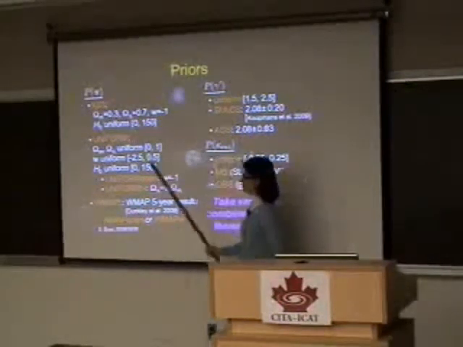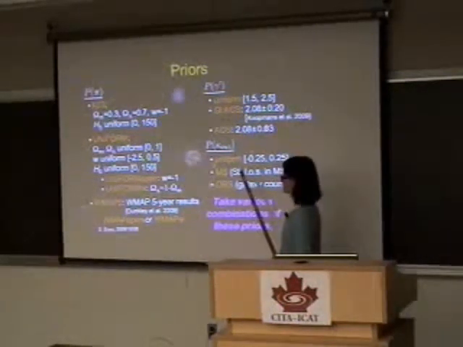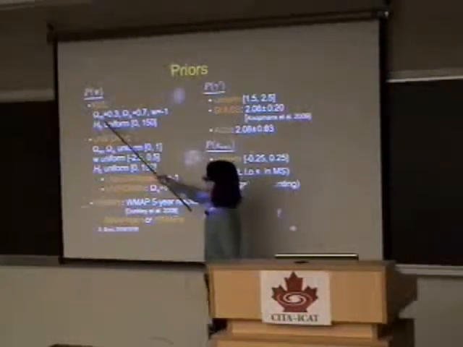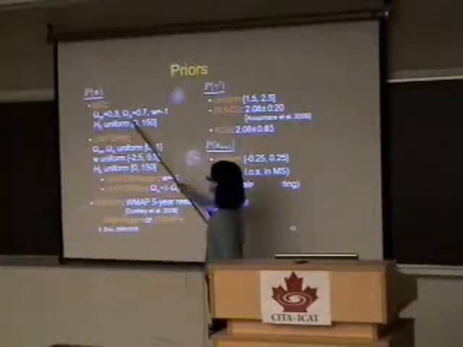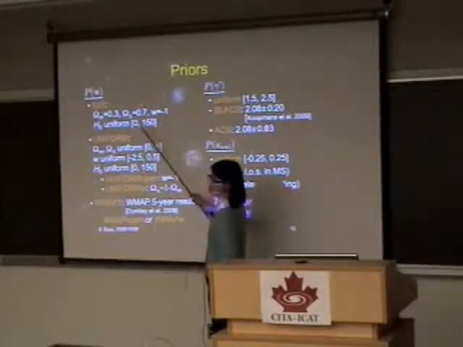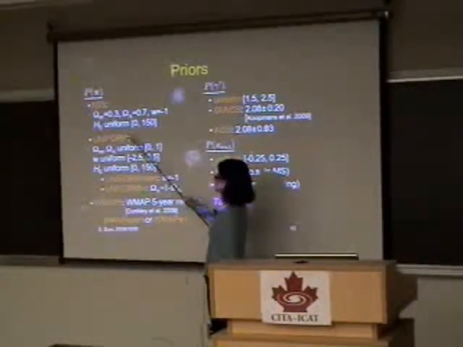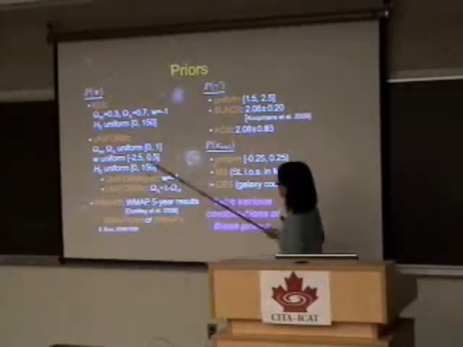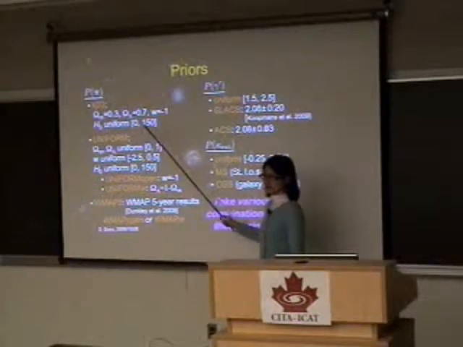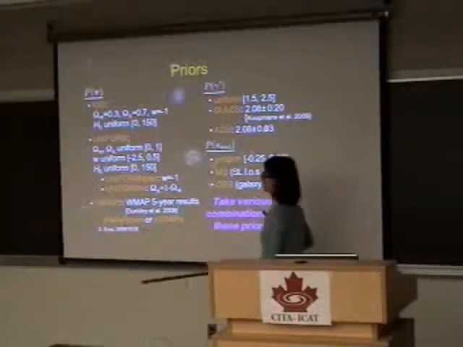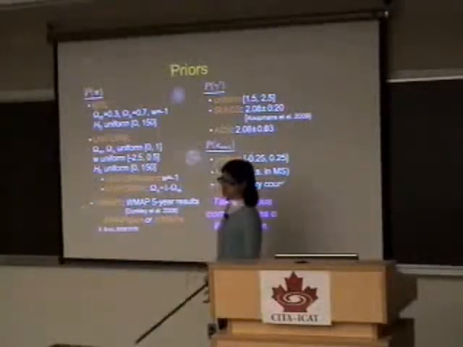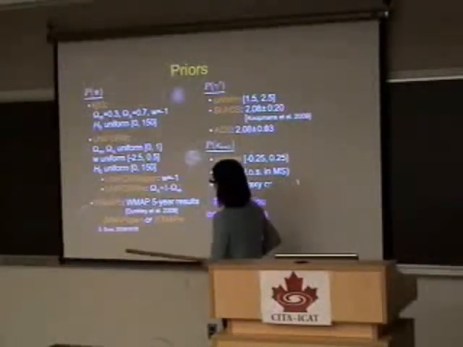This is the most recent measurement of H0 from this particular lens before this work. They assume that omega m is 0.3, omega lambda is 0.7, w is -1, and H0 is uniform between 0 and 150. This is also the most common cosmology assumed in the literature for using time delay lenses to measure H0. So this form of prior is considered for comparing to earlier work.